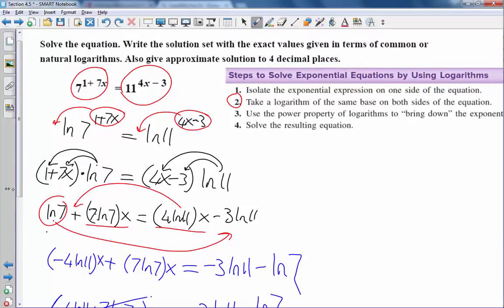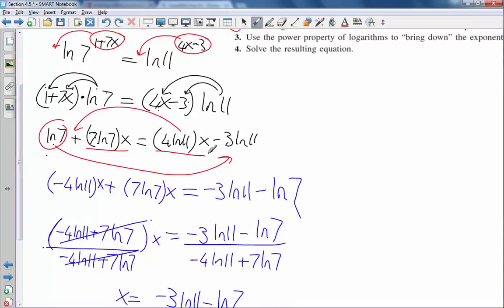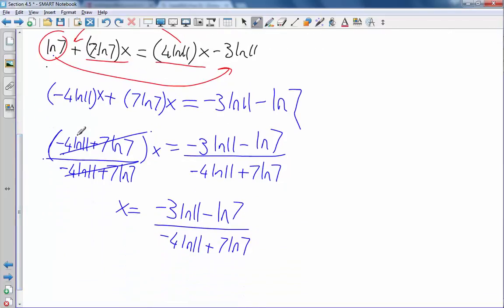We took ln of both sides. Right? We brought powers in front, distributed, multiplied out with ln 7, 7 ln 7, ln 11, 4 ln 11x, 3 ln 11. We brought numbers together, x's on the left. Factored x's and divided both sides by the number in front. And this is the result, trust me.